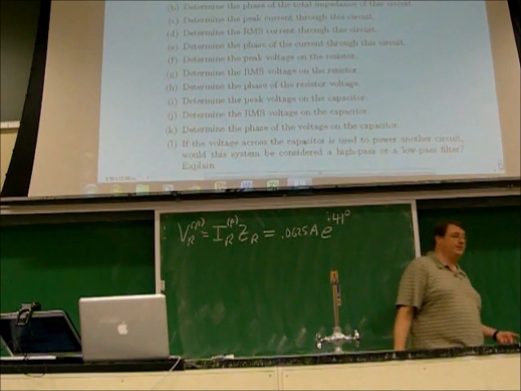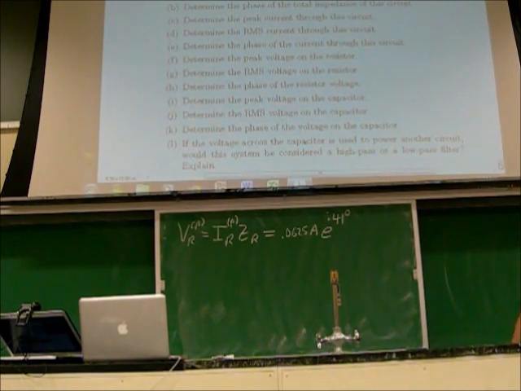And what is the C e to the i phi format of the impedance of a resistor?